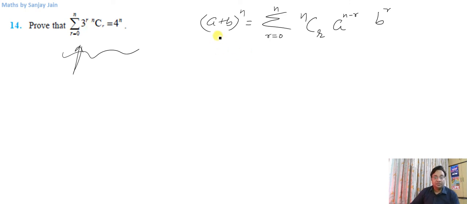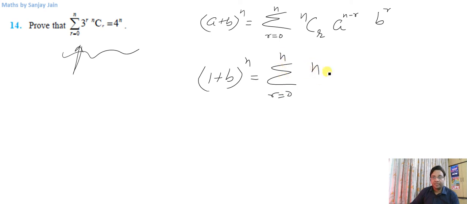So it is somewhat of that type. So what will happen is, if I take, let us say, a as 1 and b as b, and now write a formula for it, r will be equal to 0 to n, ncr a raised to power n minus r. So a is 1 here, so this term will vanish. b raised to power r will be here.